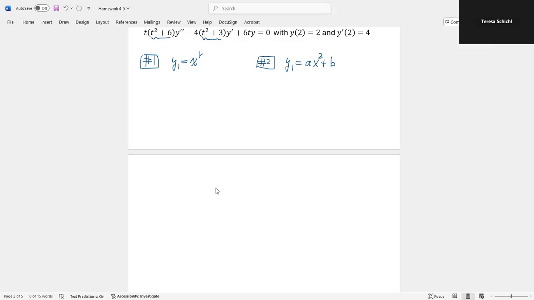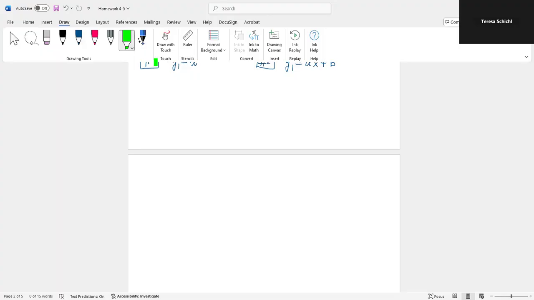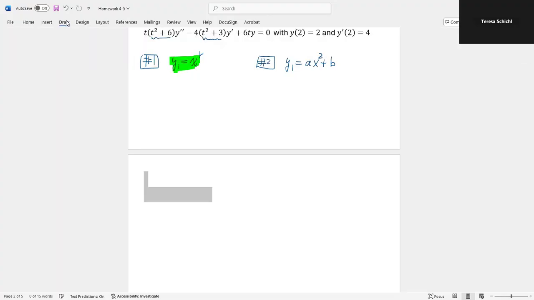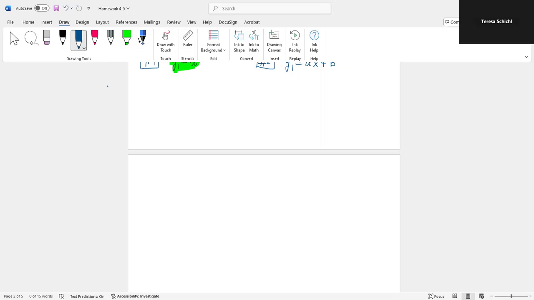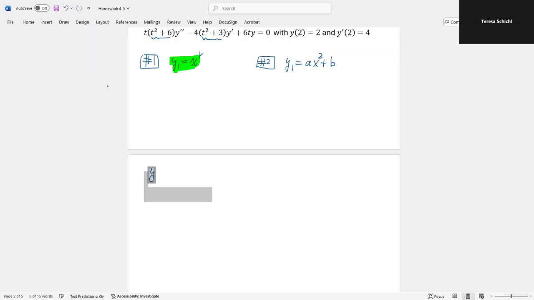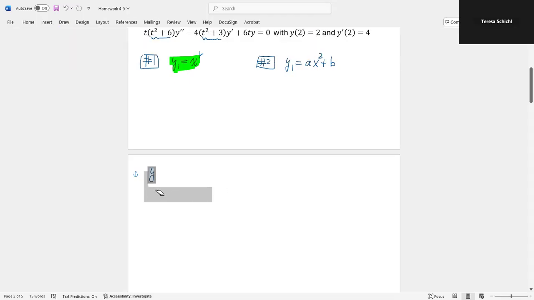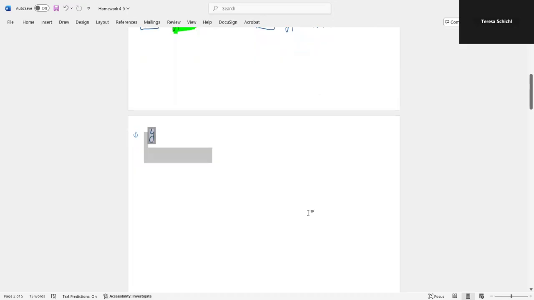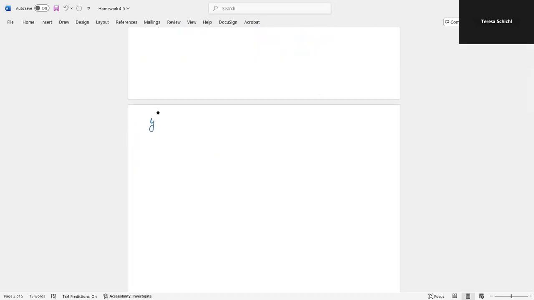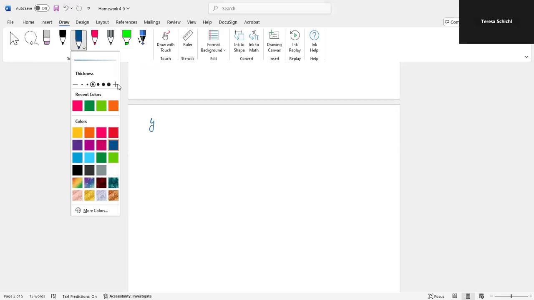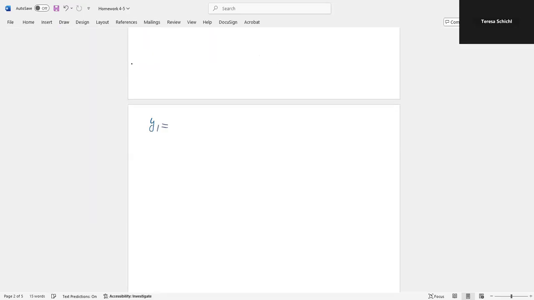Now they did not give us any, so let me guess the first one and see if it works or not. So here, y1 equal to t to the r power.